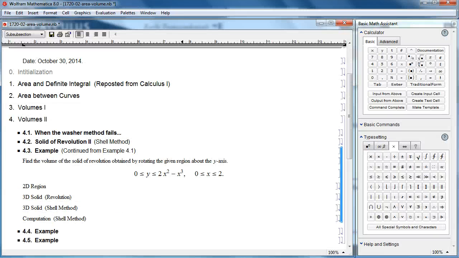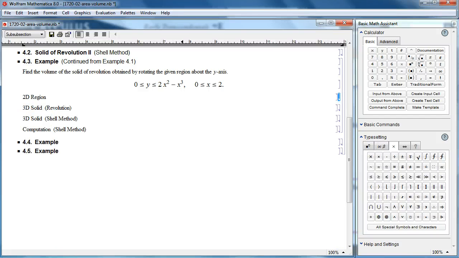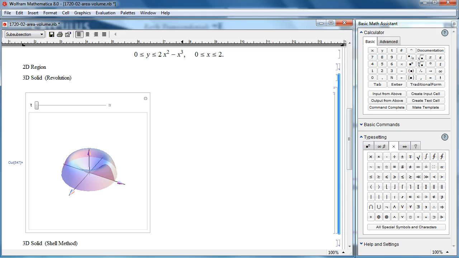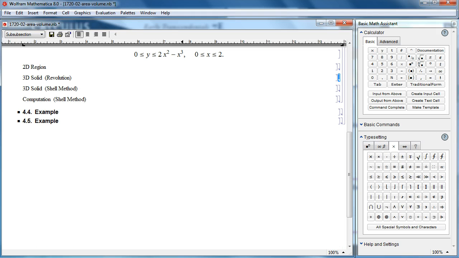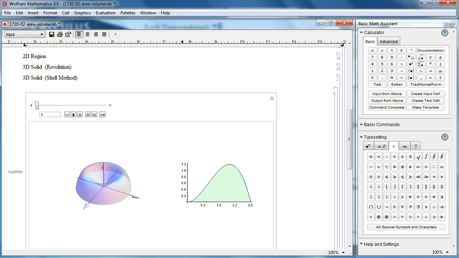Okay, let's get back to the same example in my Mathematica notebook here. Same 2D picture and same 3D figure. And here is a visualization of the cylindrical shell. If I change my x-coordinate value from 0 to 2, you can see a cylindrical shell forming here in the left-hand side 3D picture.